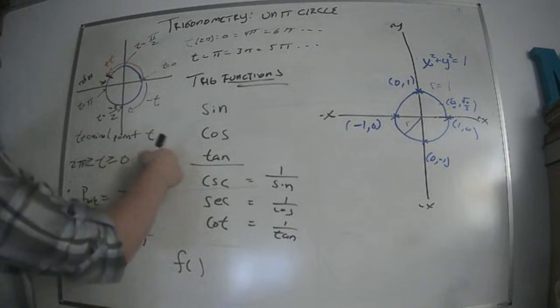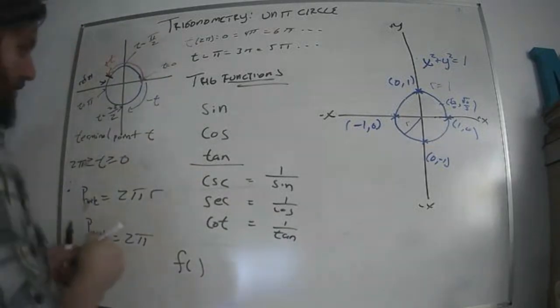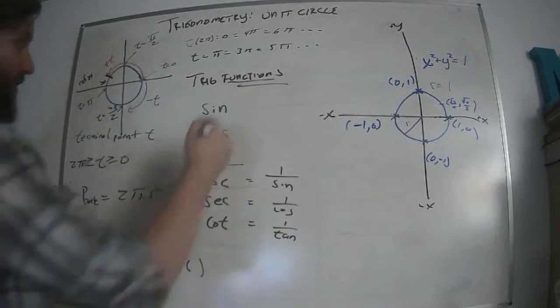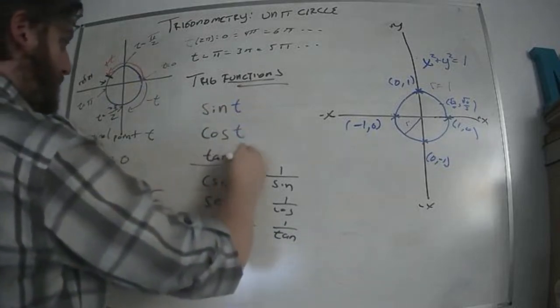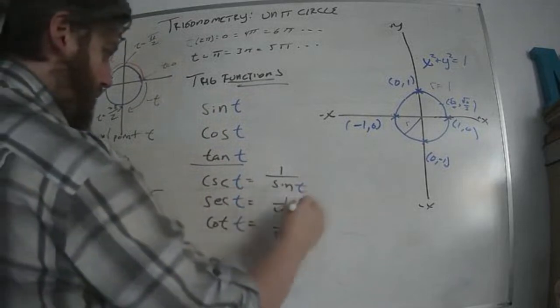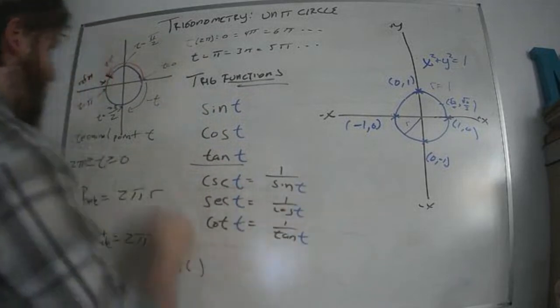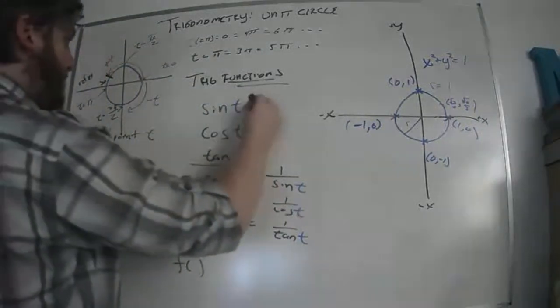Cosecant, cosine, tangent, these are all functions, but we want them to be functions of something. And to make life easier, we want these to be functions of t. Why? Because t is the distance along the unit circle.